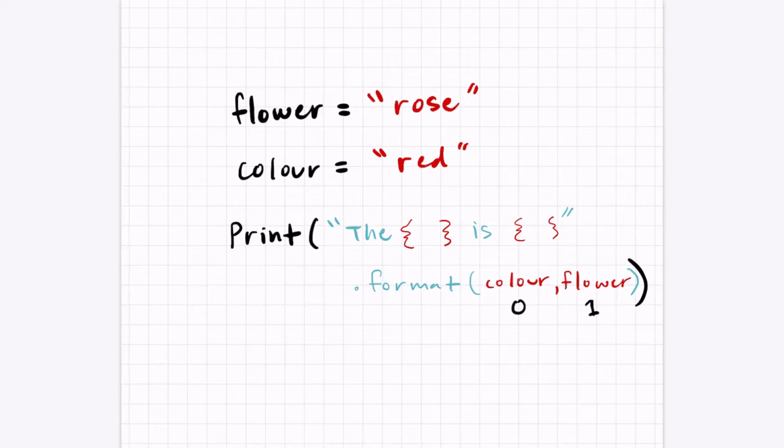So you would have to put 1 and then 0 to get that to make sense, right? Like the rose is red. So you have to be very careful on the order of these and the order that you put these. But those are also valid solutions. But there's only one, so that is how you solve it.